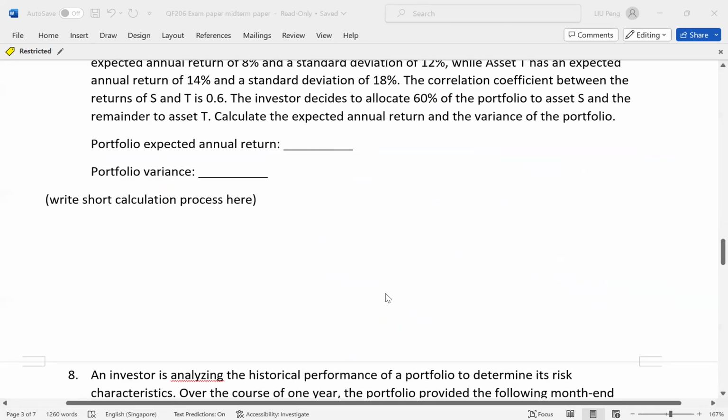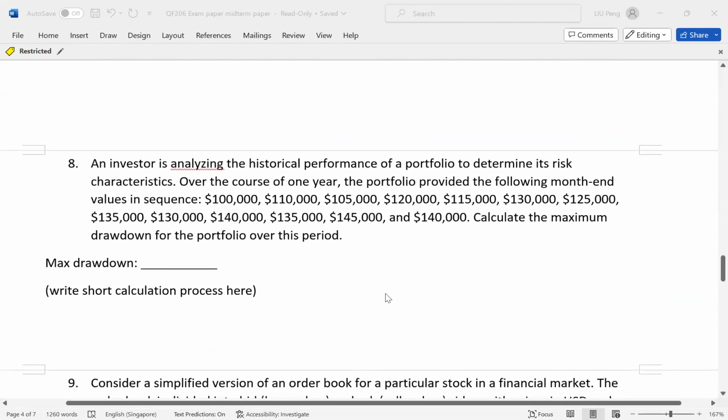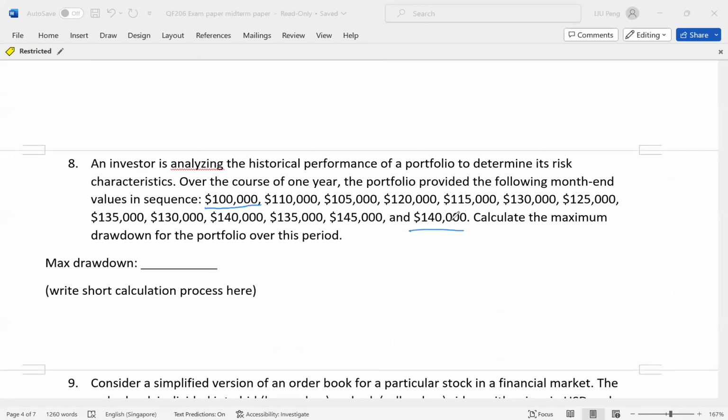Okay, so moving on. This question is asking about a series of prices, all the way to here. It should have been shorter than this, just for illustration purposes, but the numbers here are to simulate some real changes in real data.